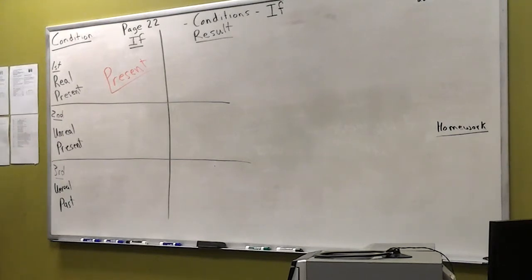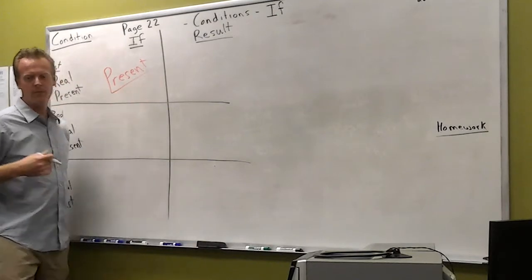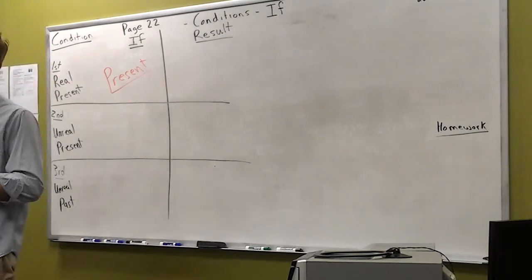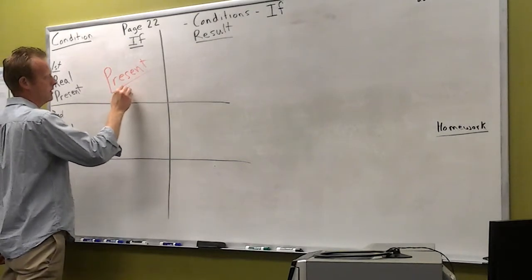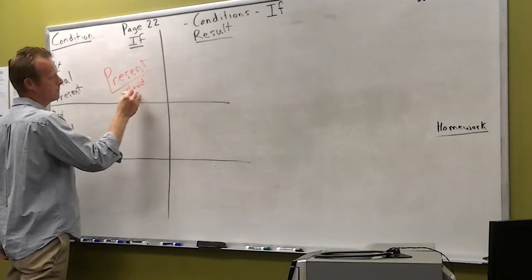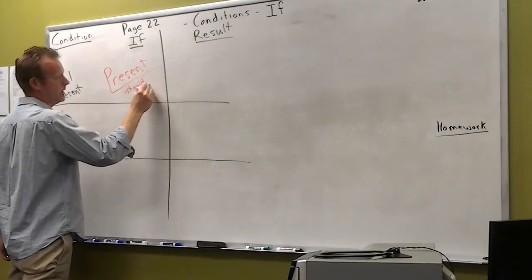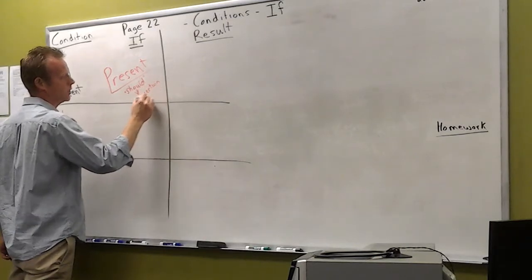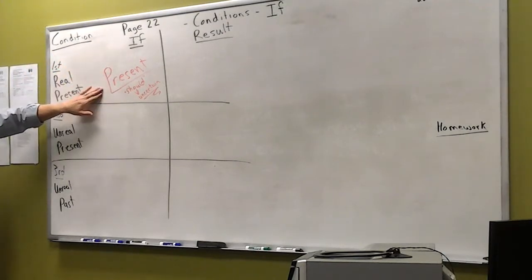You're going to see in the book, it is possible to make something a little more uncertain. You can add the modal should to the verb to show that you're a little bit uncertain. That's possible. We'll learn that in a minute. So always, first class condition, if clause, simple present.